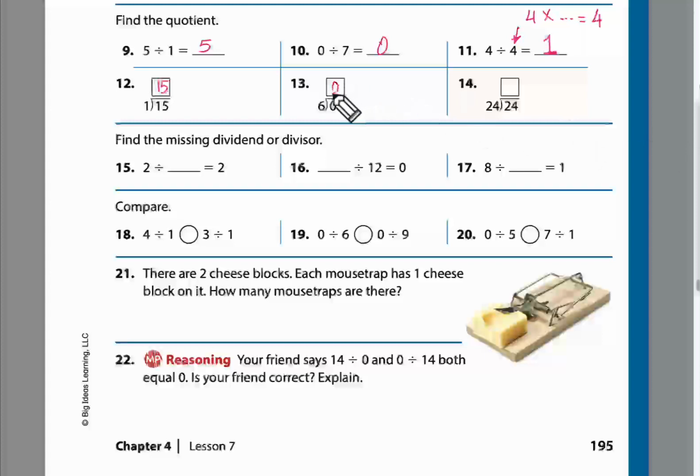Ali Janubi. Yes, teacher. 24 divided by 24 equals 1. Yes, of course, because if you divide any number by itself, you get 1. Thank you, Ali.